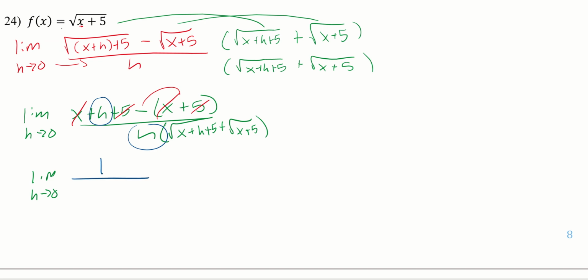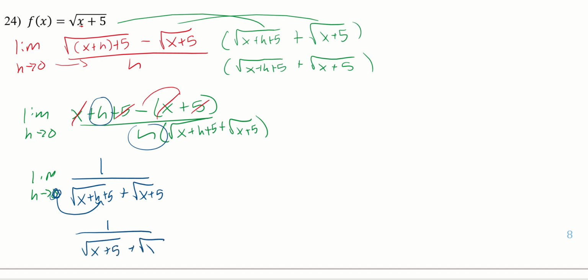So I'm left with 1 in the numerator and all of this crazy stuff in the denominator. And so my last thing is I'm going to plug an h of 0 into h. So I should get 1 over square root of x plus 5 plus square root of x plus 5. Now it looks weird, but I have 2 of them, so I could just say 1 over 2 square root of x plus 5 and call it a day.